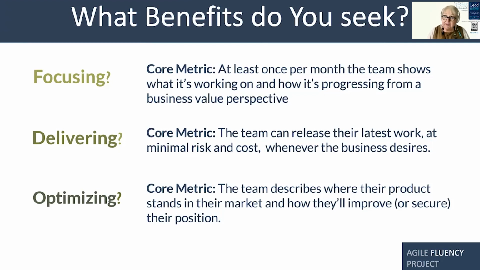Now, this next one, optimizing, the benefits there are more the benefits that we as Agile coaches and folks in the Agile community, this is maybe more what we have in mind, but it's not what every organization wants or needs.